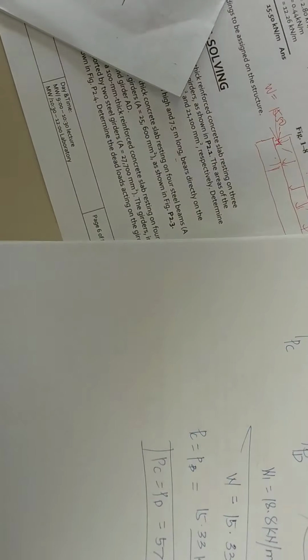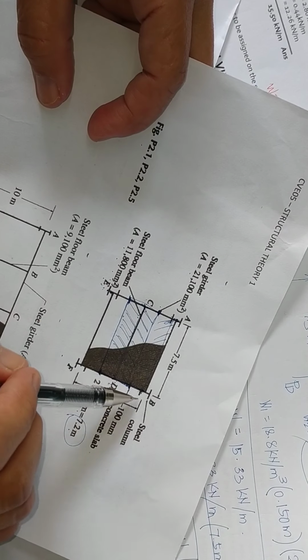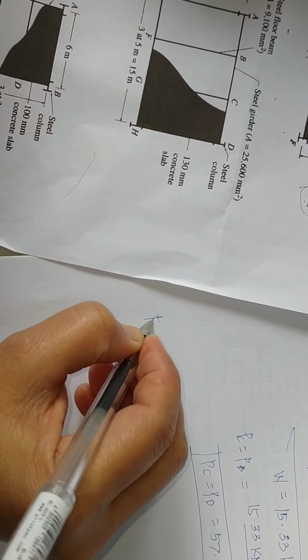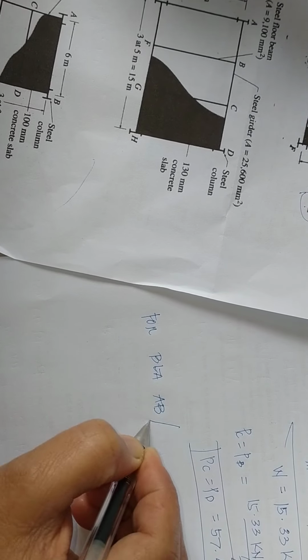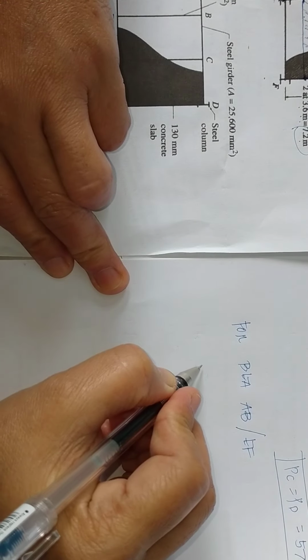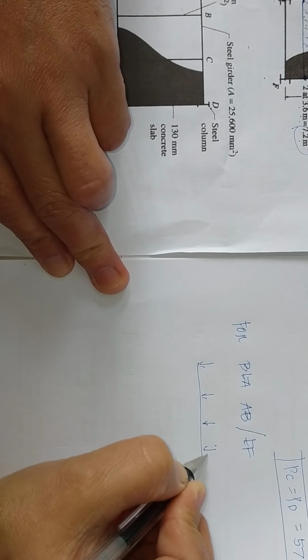So for problem number 3, for beam AB and beam EF, it is similar to problem number 2. For beam AB and EF, what we got in problem number 2, we put it here the same.